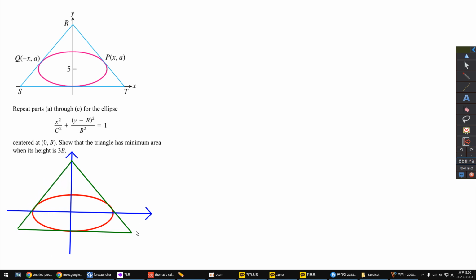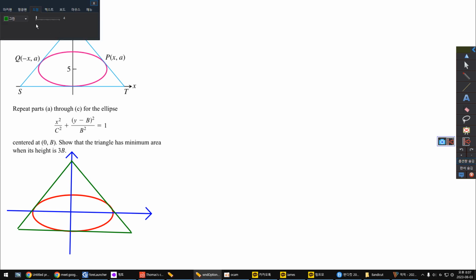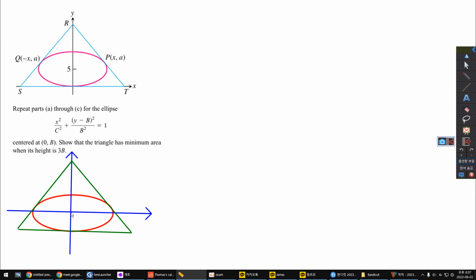Yep, I like this. And then for the point of tangency, let's connect the origin, the center, and the point of tangency.